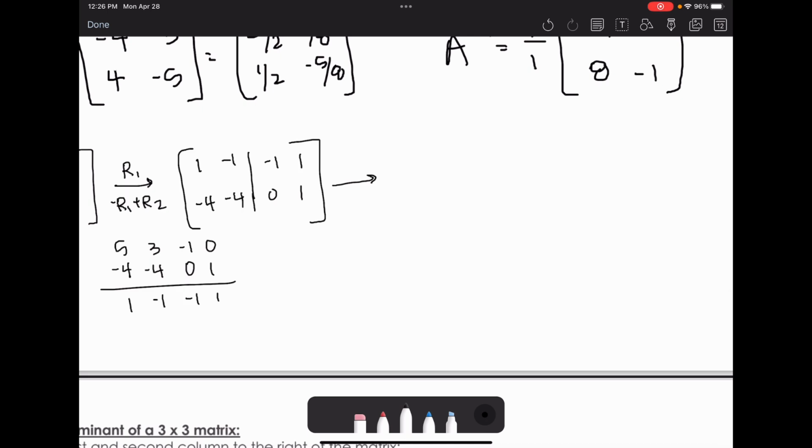Okay, next I'm going to get this to be a 0. So I'm going to do 4 row 1 plus row 2. So that's 4, -4, -4, 4, plus -4, -4, 0, 1. So that's 0, -8, -4, and 5.